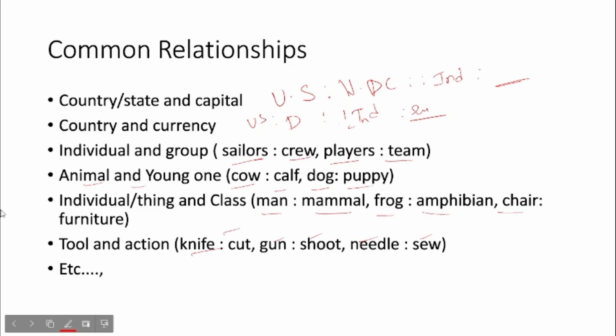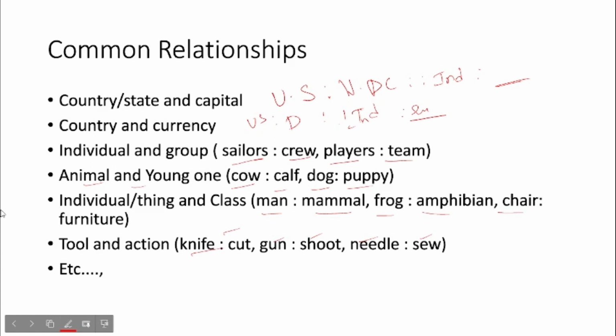Okay, so we will do a few examples so that you can understand how they are given and how we should solve. There is nothing to solve here.